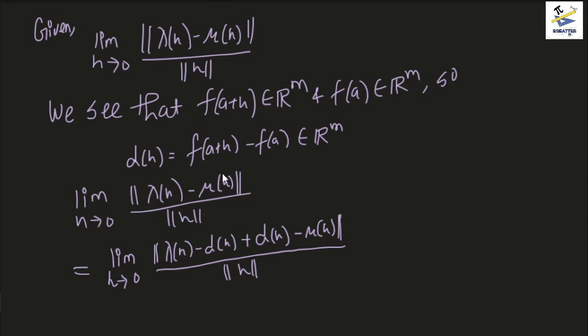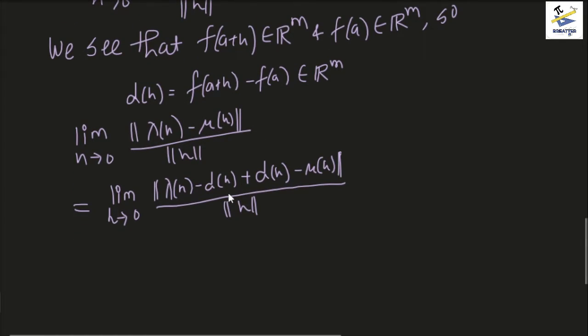So this can be written as follows. Now we know the properties of norm, where the norm of a plus b is less than or equal to the norm of a plus the norm of b.